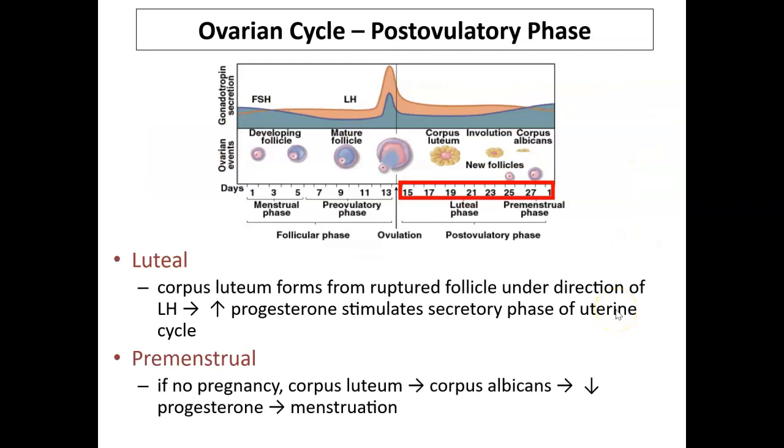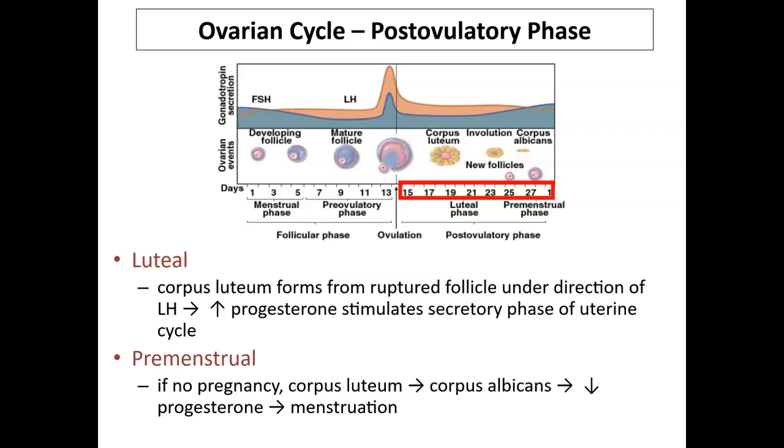During the post-ovulatory phase of the ovarian cycle, also known as the luteal phase, the ovary undergoes several important changes. Following ovulation, the ruptured follicle transforms into a structure called the corpus luteum, which secretes progesterone. This hormone prepares the uterus for possible implantation of a fertilized egg.